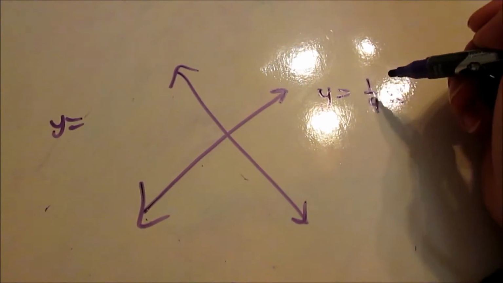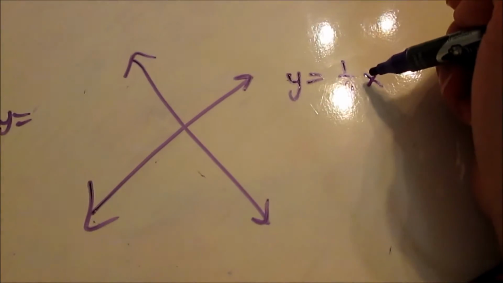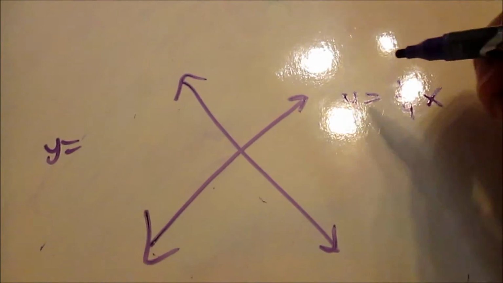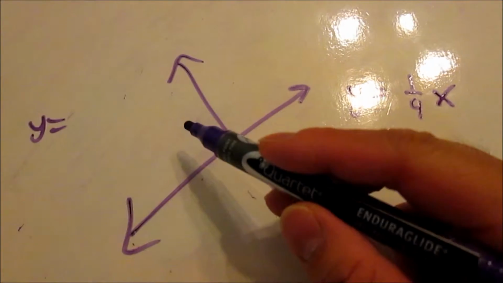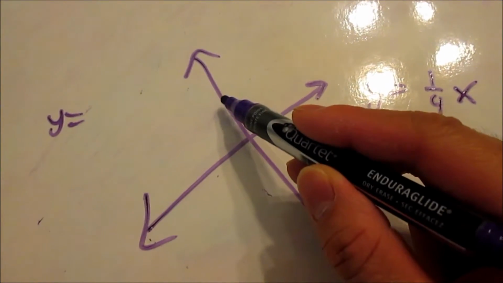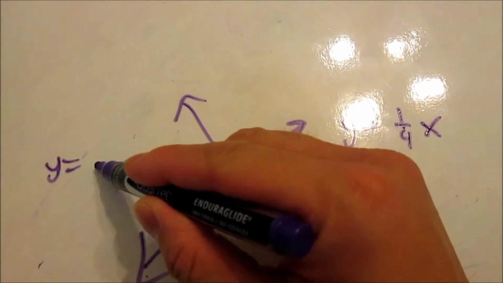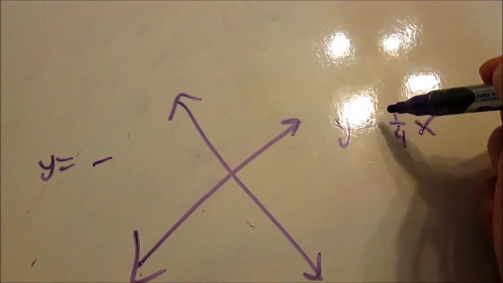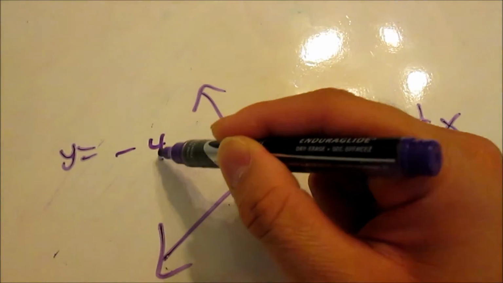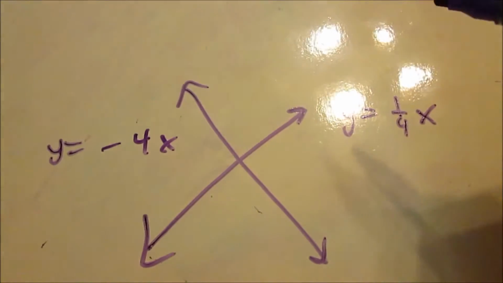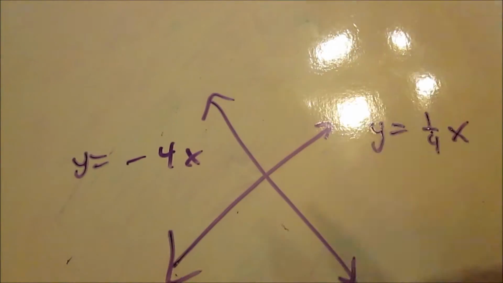Another example. Let's say this line is y equals 1 over 4x. The perpendicular line over here will be the opposite reciprocal of 1 over 4. Opposite will be negative, then reciprocal, take 1 over 4, flip it, and it becomes 4 over 1. But you don't have to write 4 over 1, just write 4.